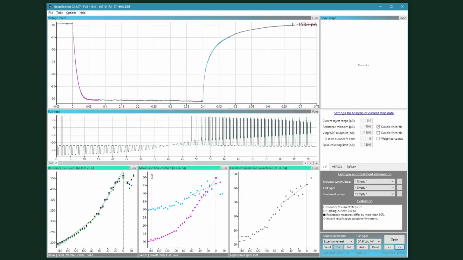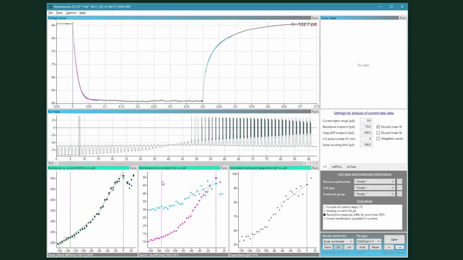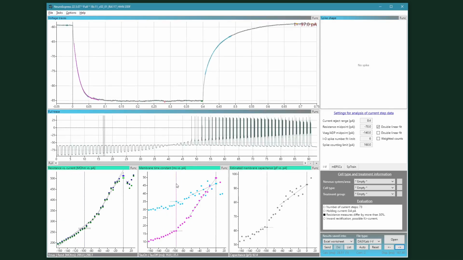The program will fit a mono-exponential function automatically based on the onset time, or the start time, of the current step, and also the location of the maximum voltage deflection. So the program will look for the most exponentially looking part of the voltage traces and perform a nonlinear fit. Here you can see these magenta traces nicely overlapping with the actual biological response.